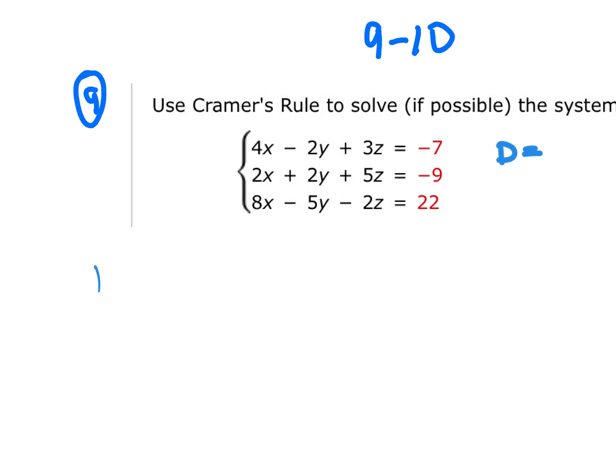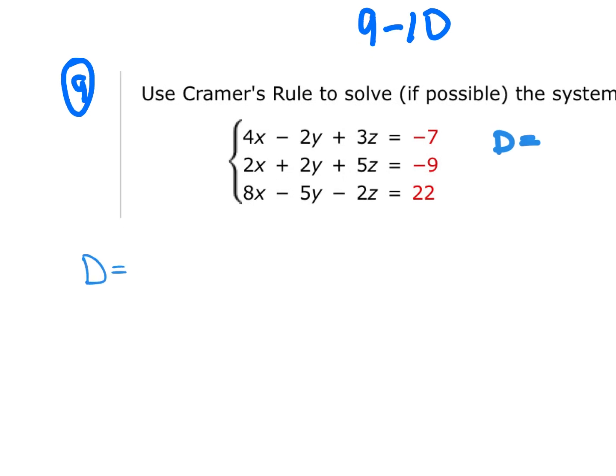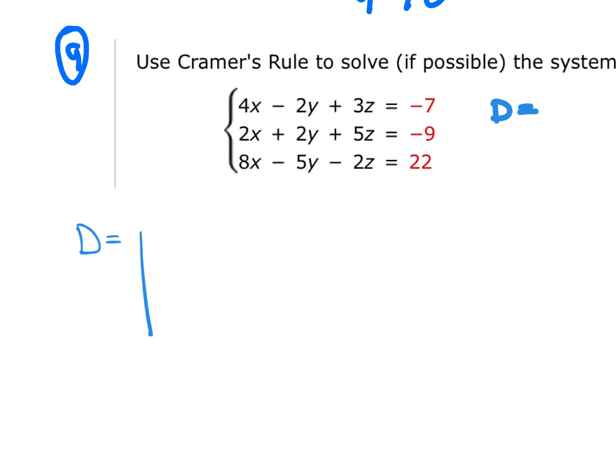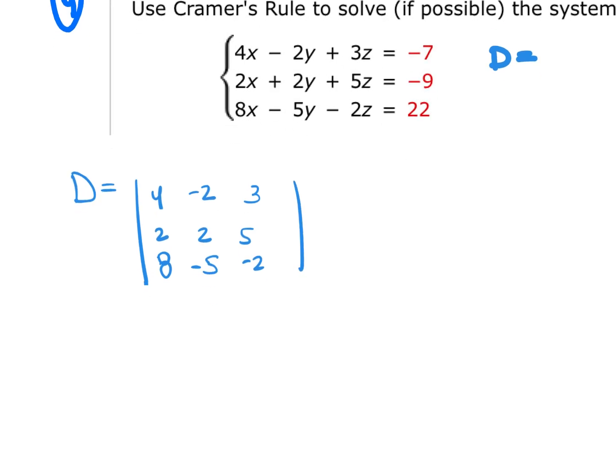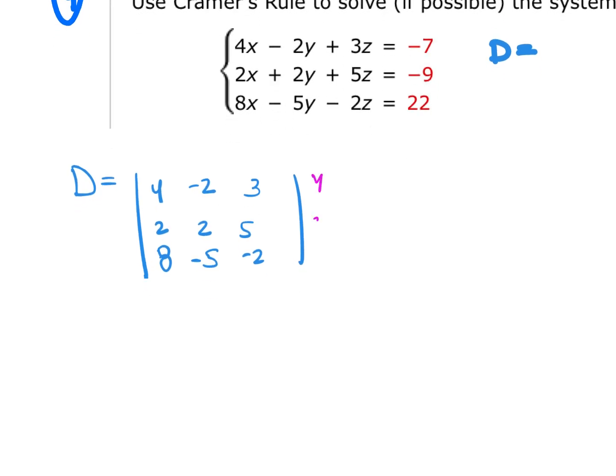So if I'm going to find the determinant itself, I take just the coefficients. So I have 4, 2, 8, negative 2, 2, negative 5. Then I have 3, 5, negative 2. Okay, so we're going to find the determinant here. First thing we do is recopy the first 2 columns. So 4, 2, 8. Then negative 2, 2, negative 5.